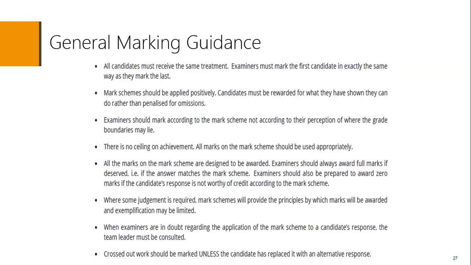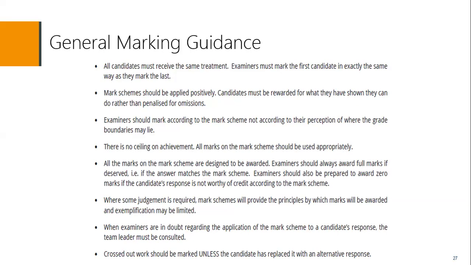They will be marked on correct information that matches the mark points in the mark scheme. If they have added additional information that is irrelevant but is not incorrect and doesn't contradict anything that they've put, then that is ignored. They were looking for positive marks.